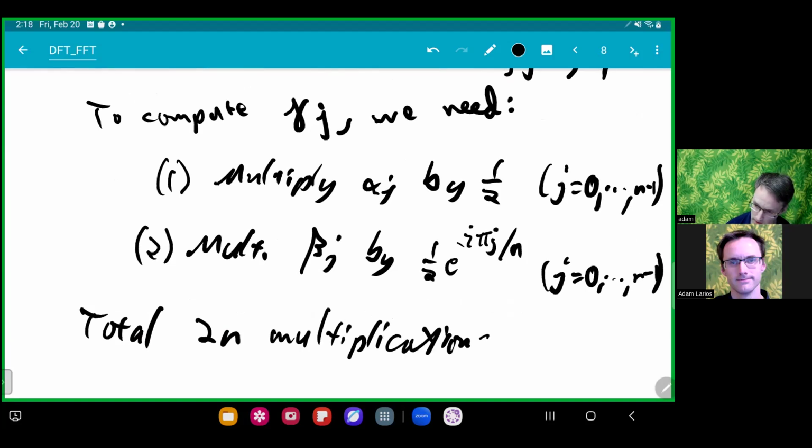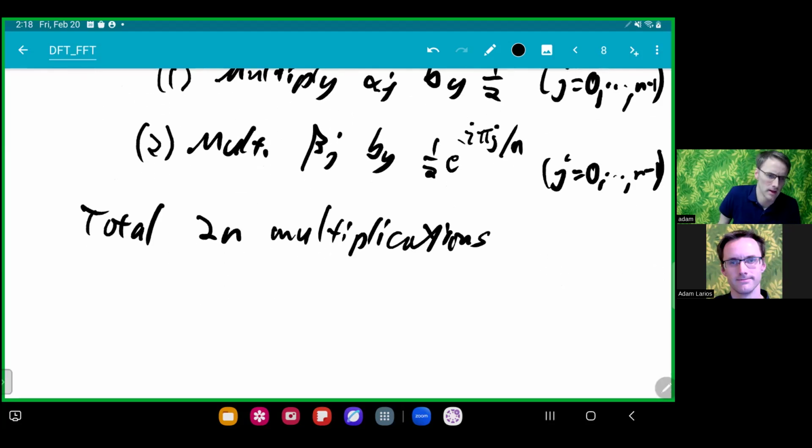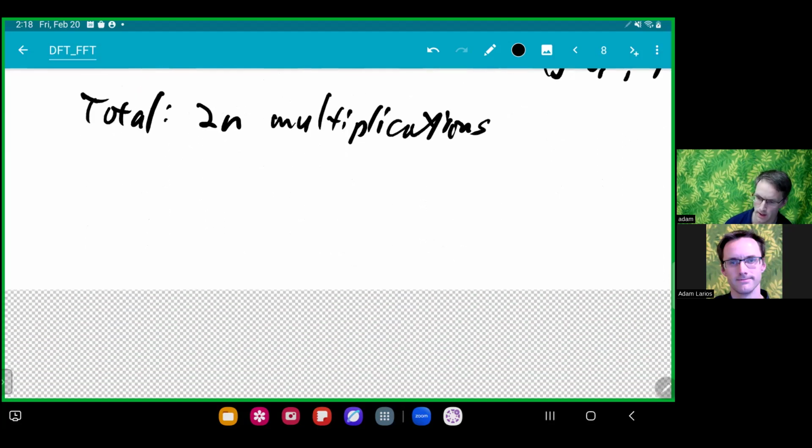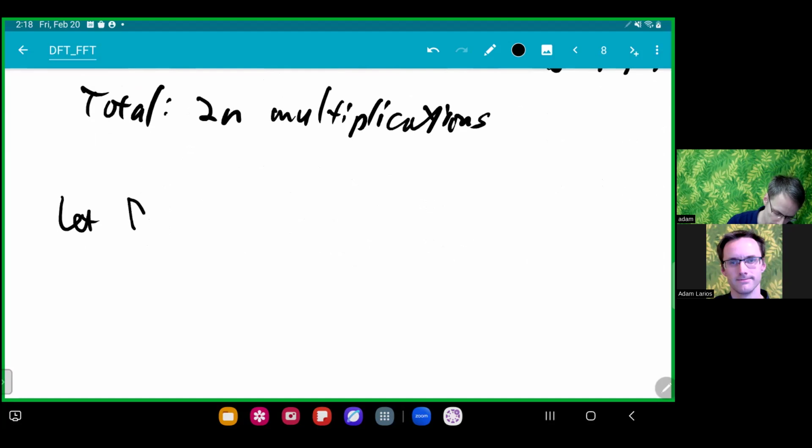Like I said, we won't worry about the additions and subtractions there. So it costs about that much. And so let R_n denote the cost of computing.